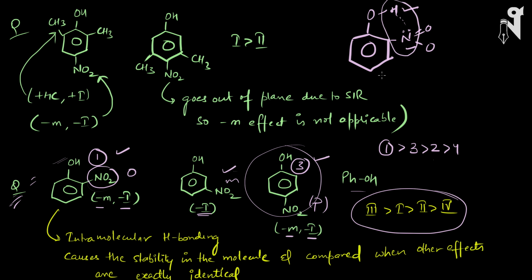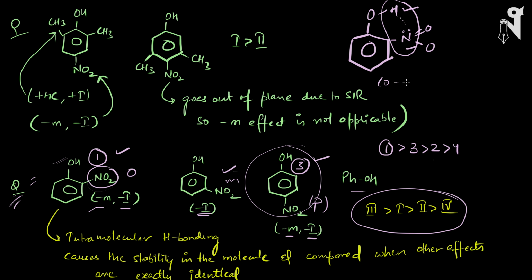Due to the hydrogen bonding formed between them because they are closest and next to each other, the removal of hydrogen will become tougher when all the effects are the same. See, in the case of the first one and third one, both the effects were the same. So then we also have to look at the extra stability caused by the hydrogen bonding in the ortho molecule.